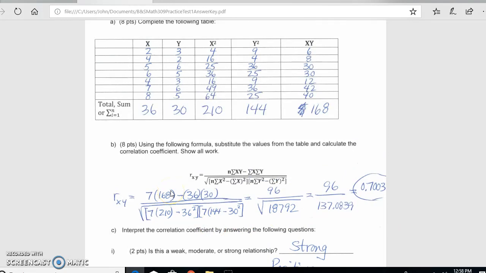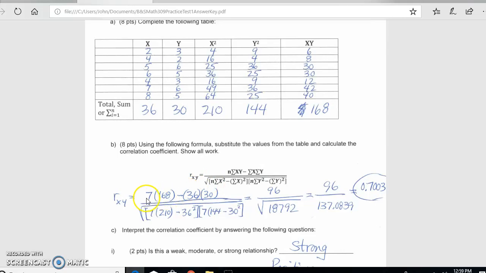Now it's a complicated looking formula, and we just have to be careful that we place the right numbers into the right places here. So we start on the top, the numerator, and the n is 7, and you can see how I've done it here. The sum of the xy column is right here. Here's the xy column. The sum of that column is 168.